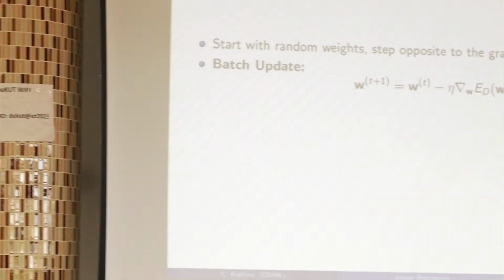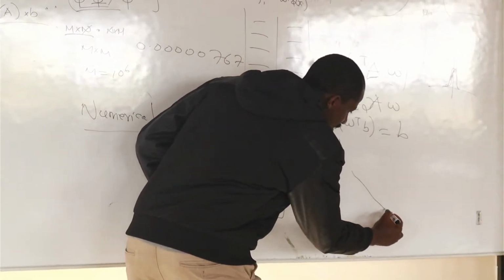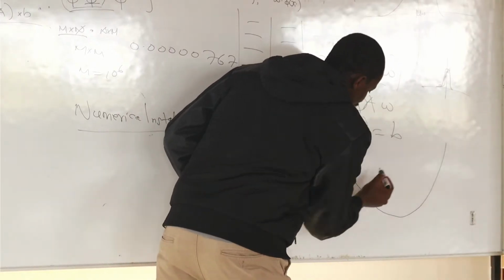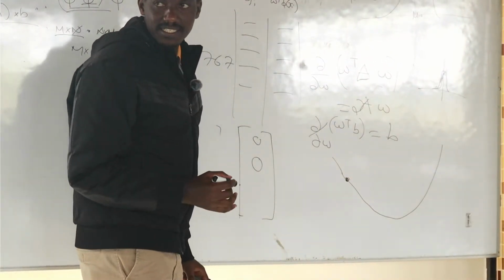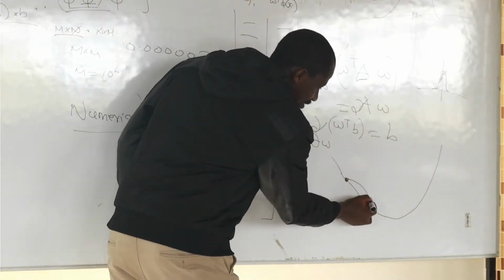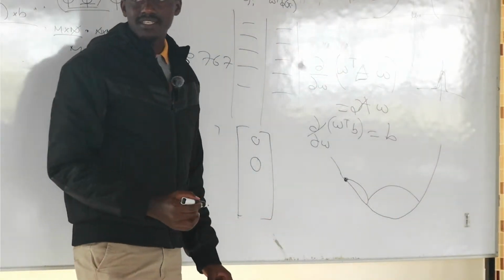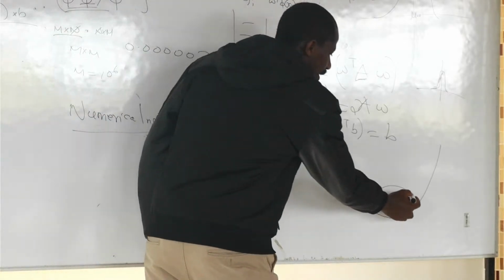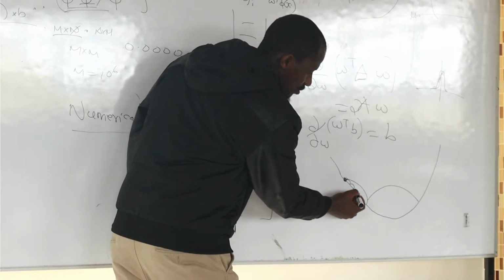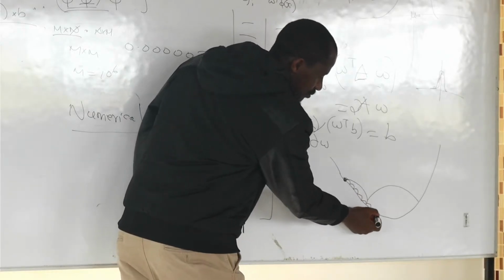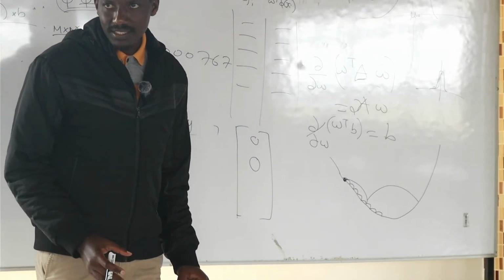It's always nice to build intuitions. In a very simple sense, the error happens like that, and you're here. The learning rate says, do you take big steps? Sometimes you may take very large steps and get on the other side, and then you have to find your way down again. So the learning rate helps you say, take small steps. At each step, you ask yourself, am I there yet?